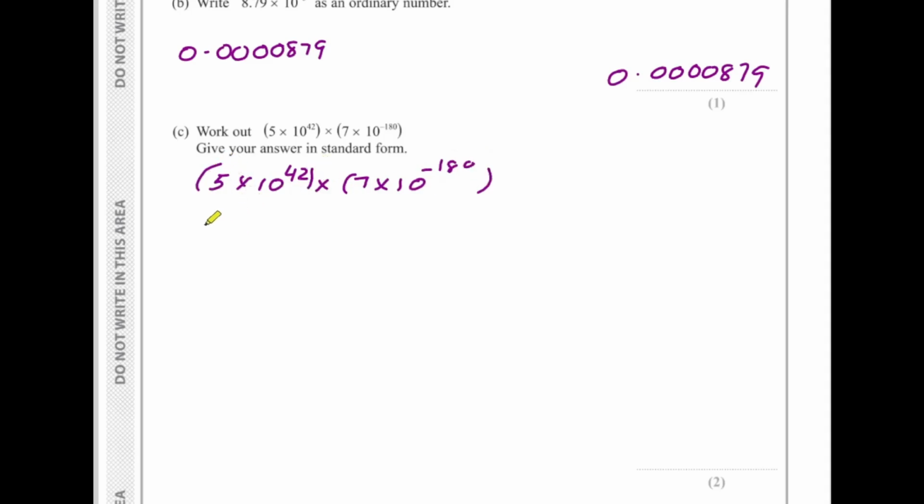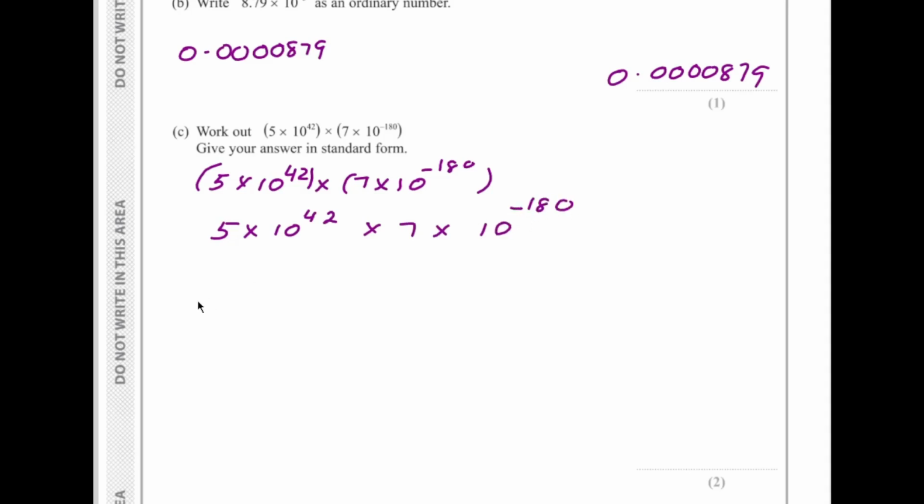Right, let's remove the brackets first. Since this is a multiplication, I can write it straight away as a multiplication. 5 into 10 to the power 42 into 7 into 10 to the power of minus 180.